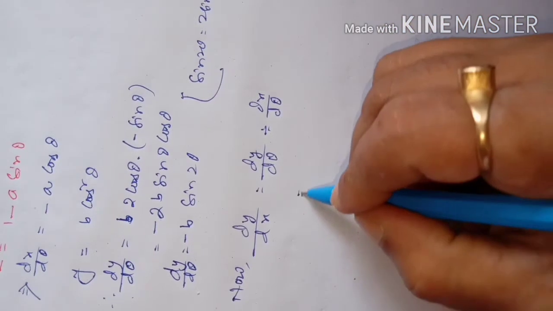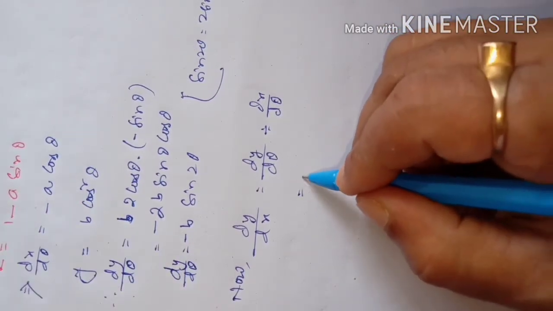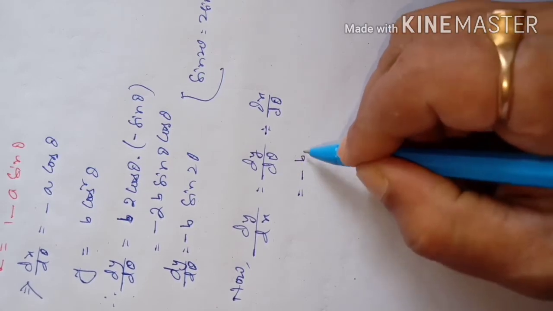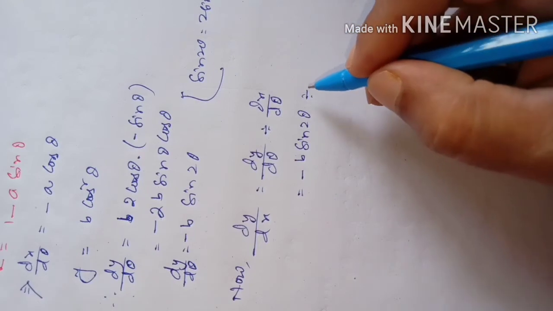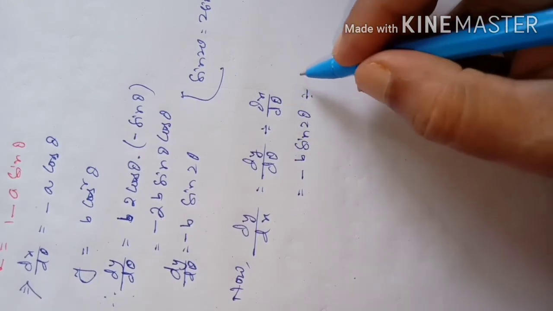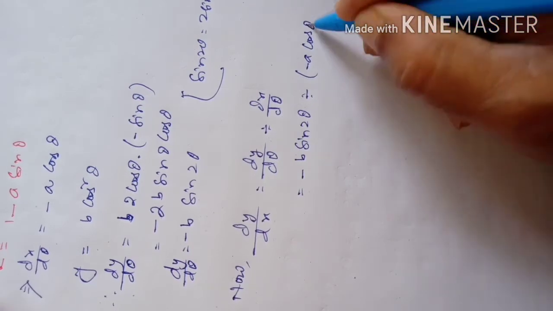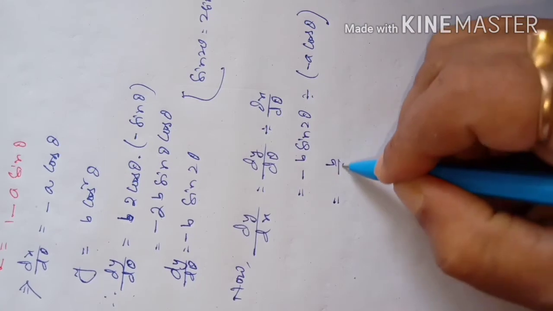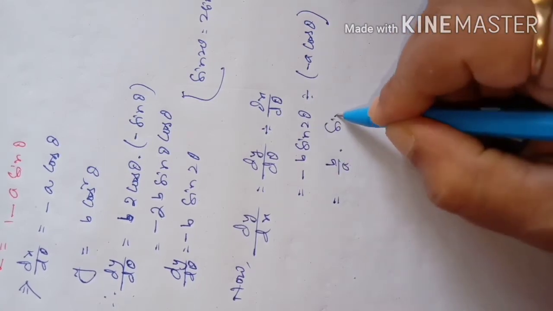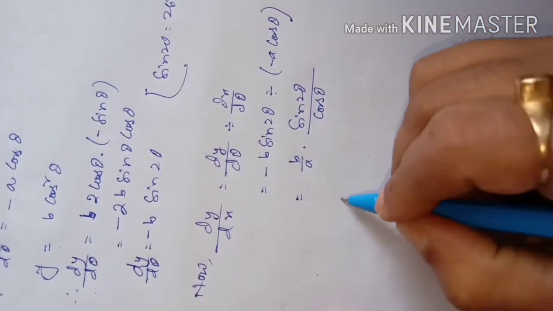So dy by d theta is minus b sin twice theta, divided by dx by d theta, which is minus a cos theta. So that will give us b by a sin twice theta by cos theta.